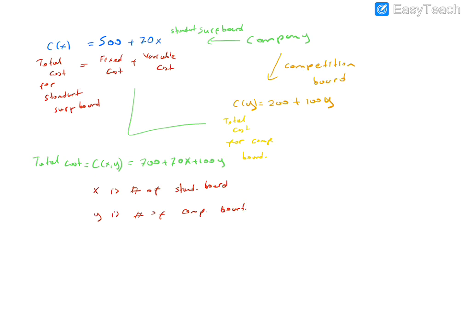In general, an equation of the form z equals f of x y, where f of x y is an algebraic expression in the variables x and y, specifies a function. The variables x and y are independent variables.